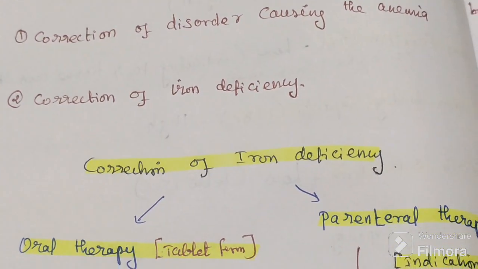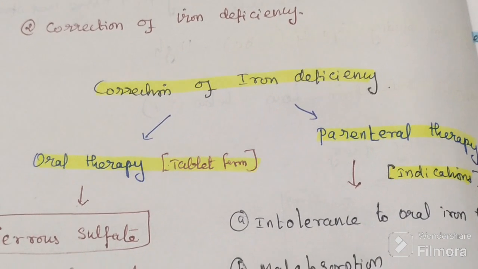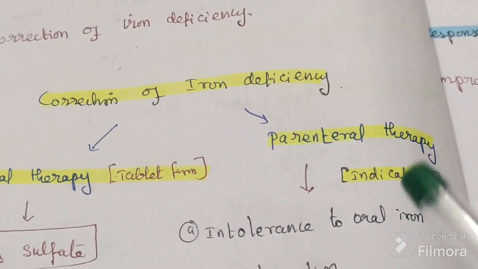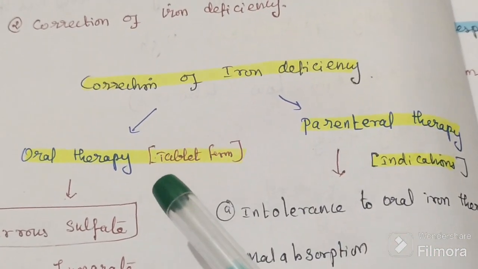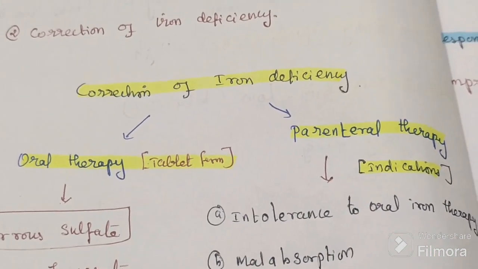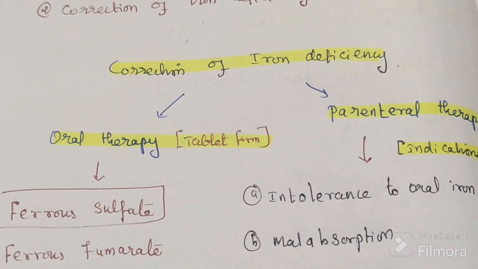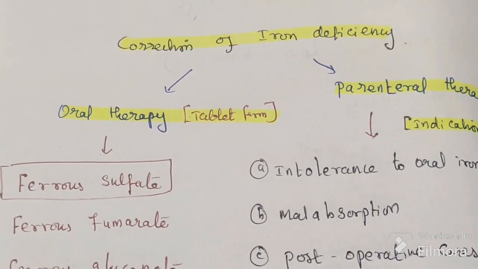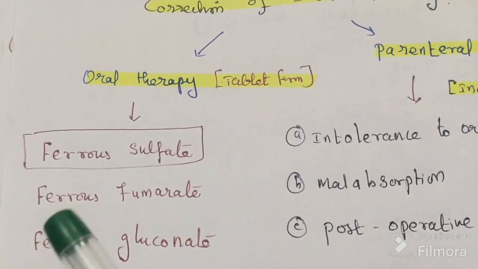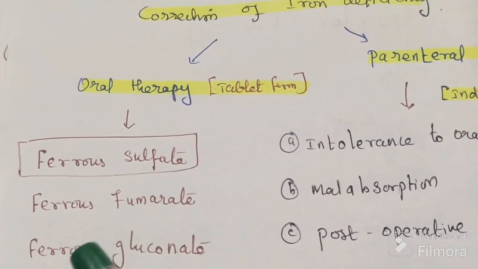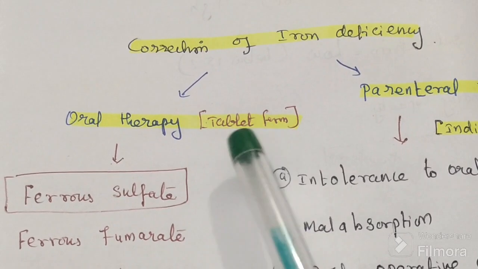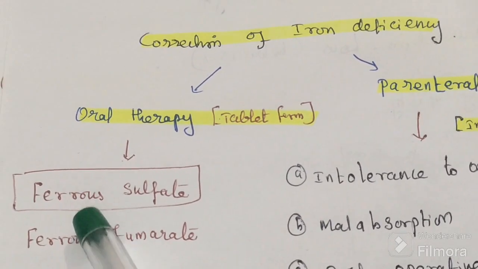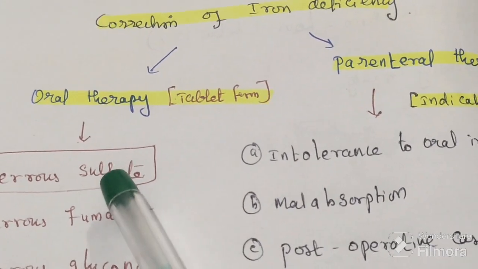For correction, two types of therapy are available: one is oral, the second is parenteral, intravenous. Oral is usually prepared in tablet form. Ferrous sulfate, ferrous fumarate and ferrous gluconate are used, but the most common tablet for iron deficiency anemia is ferrous sulfate.